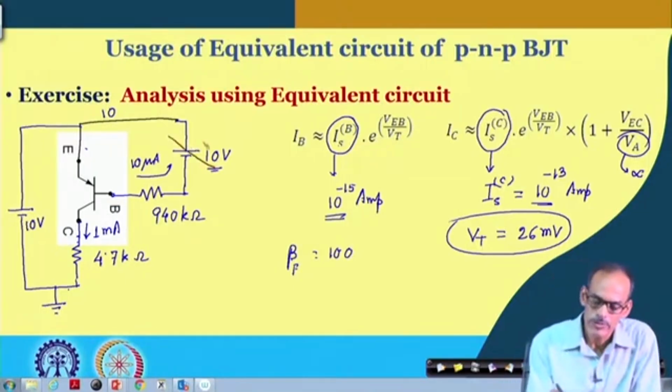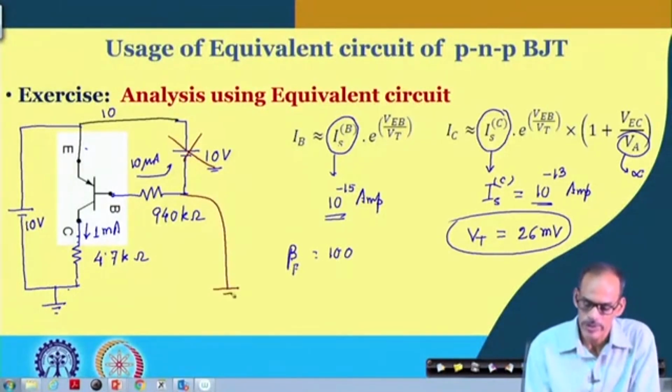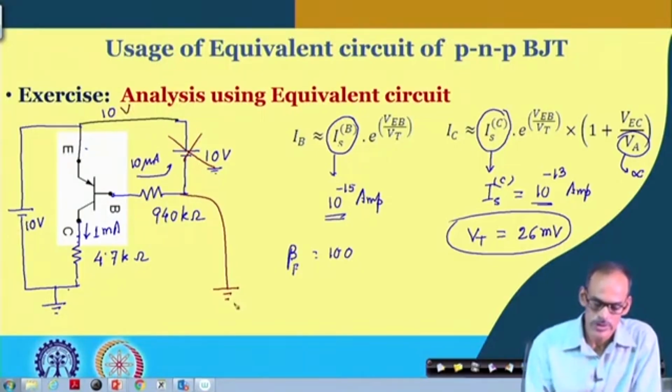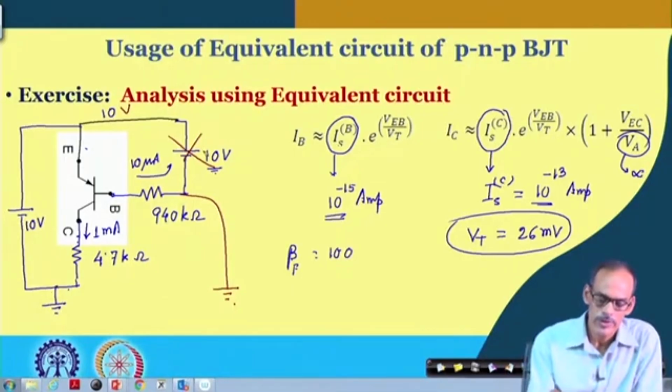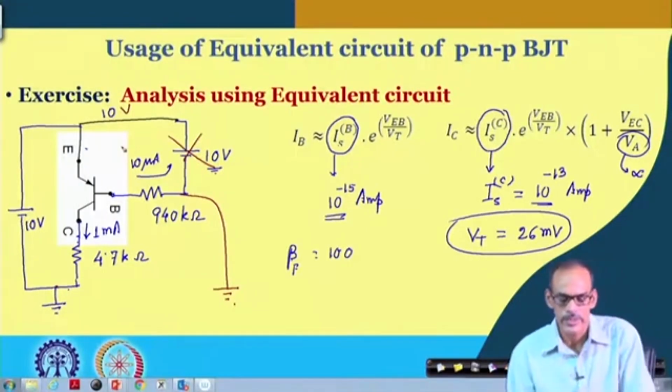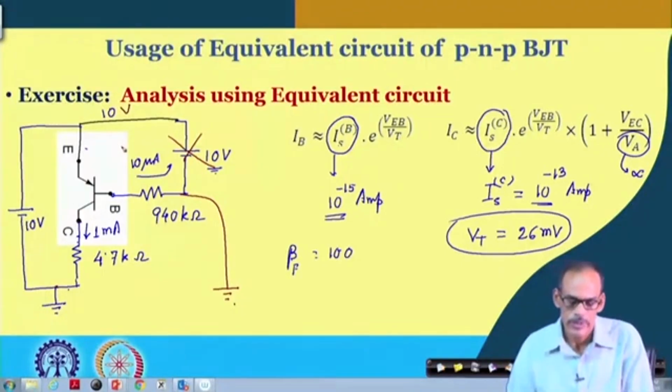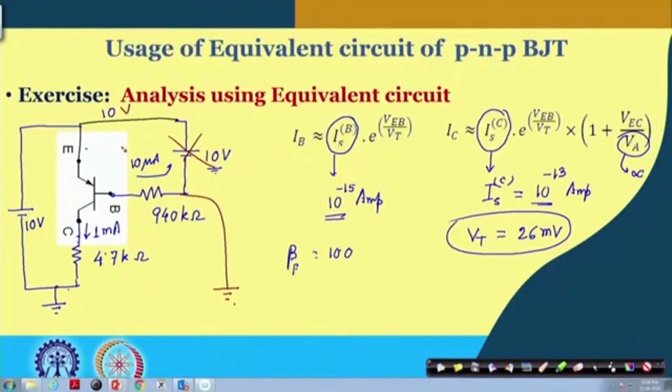You may simply remove this one and connect this to ground. You will get the same circuit, because this is 10 volt from this one and this is also 10 volt. We call this the common terminal. So even if you are not using this one, you can connect the circuit like this. Anyway, we will go into a little more detail of the circuit later.